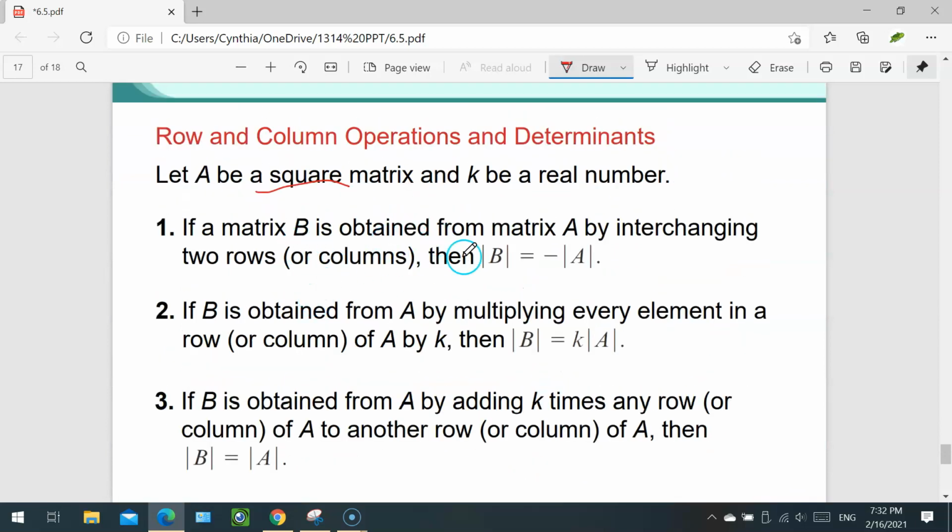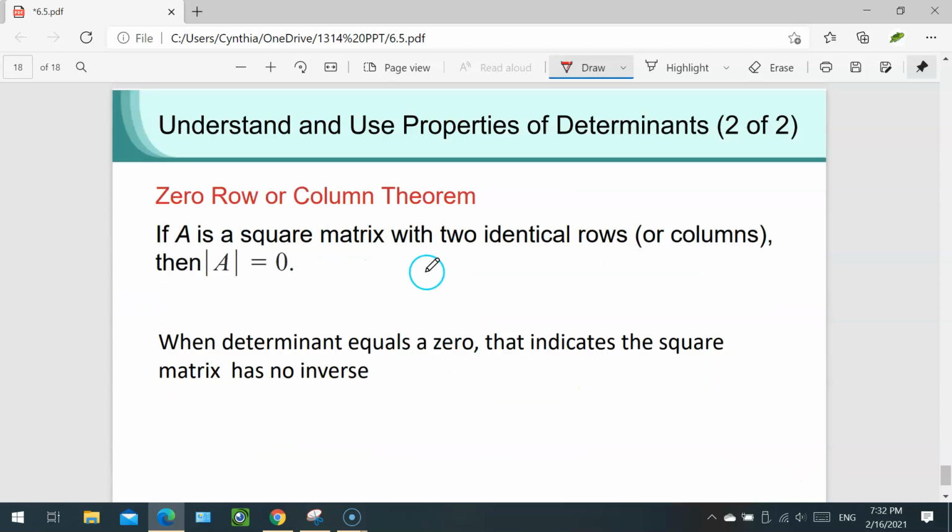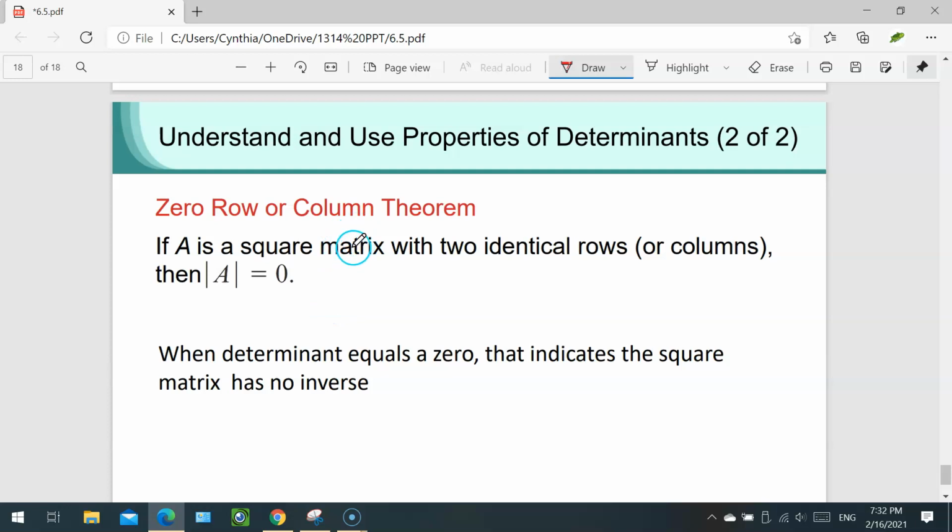This page, I don't think this is very important information you need to know, but the following page, yes, that's a property we need to understand for the determinant. Zero rows or column theorem. If matrix A is a square matrix with 2 identical rows, then the determinant of A is equal to 0.